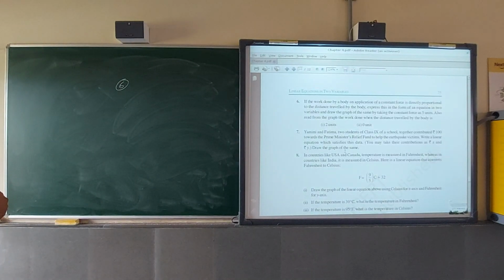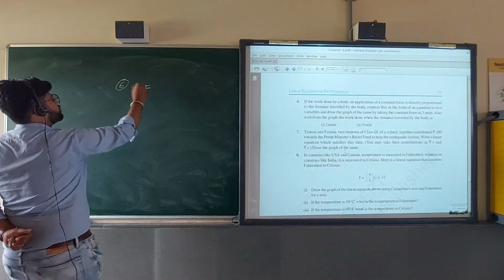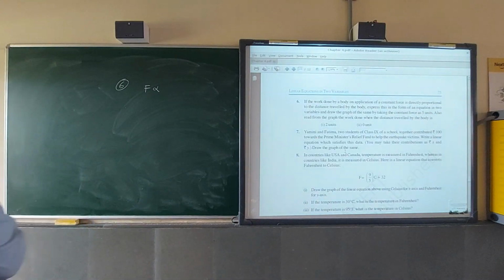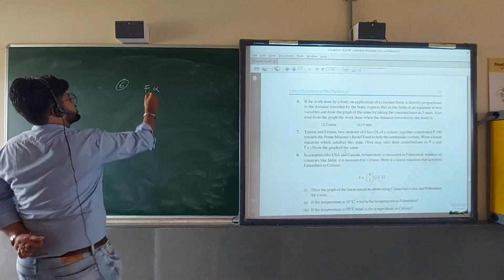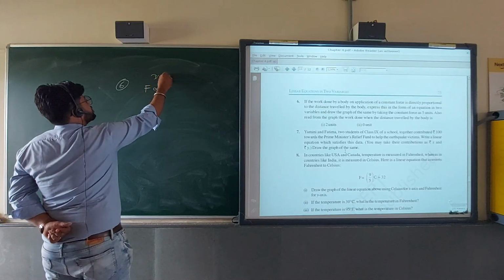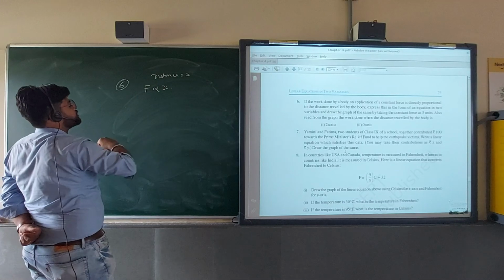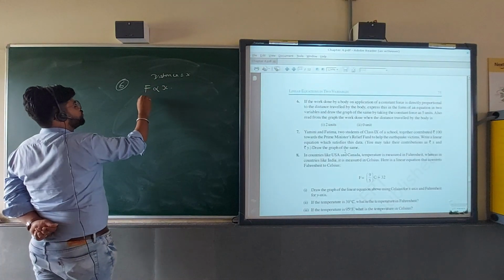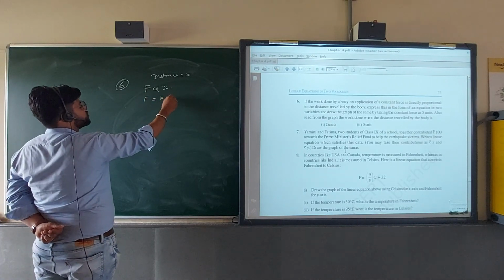Force I will take as F, constant force, and distance I will take as x. So F is directly proportional to x, and I think you already learned in science also that when the proportionality sign is removed, a constant comes in, and F is equal to kx.